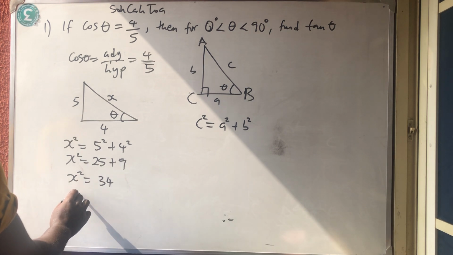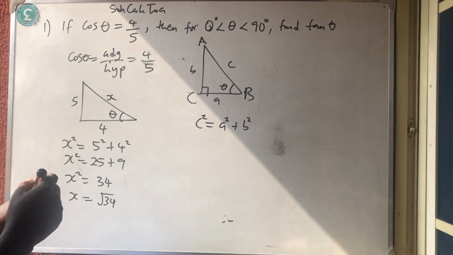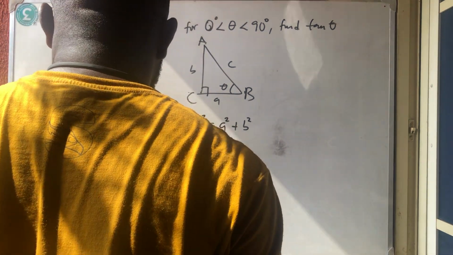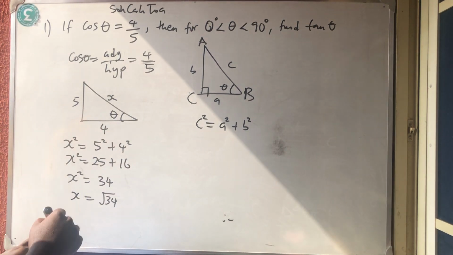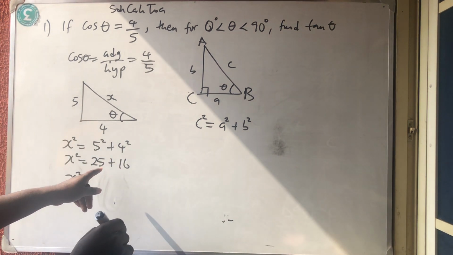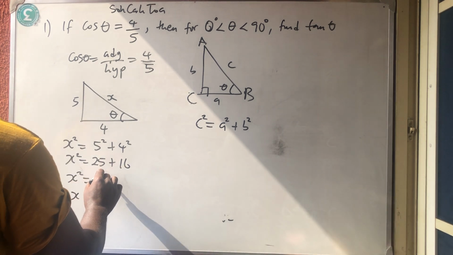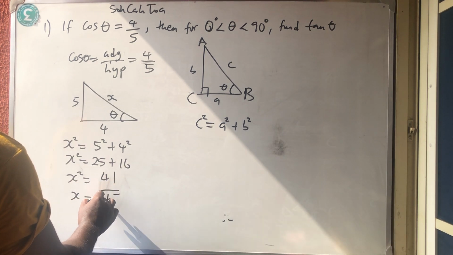So x is now the square root of 34. So how did I get 9? 16, sorry. 4 squared is 16. So I'm having 41, square root of 41.